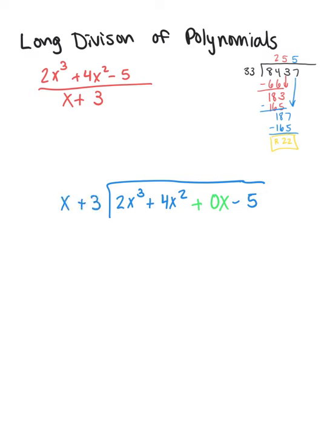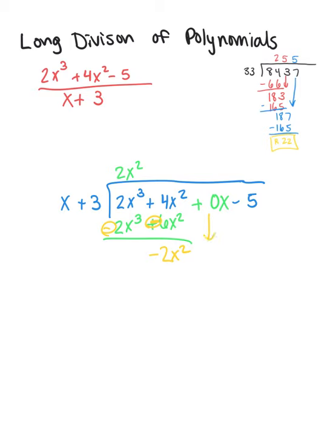And then my process is still the same. What do I multiply to x to get 2x cubed? Well, I'm going to multiply 2x squared. 2x squared times x is 2x cubed. 2x squared times 3 is 6x squared. Subtract, and I get negative 2x squared.